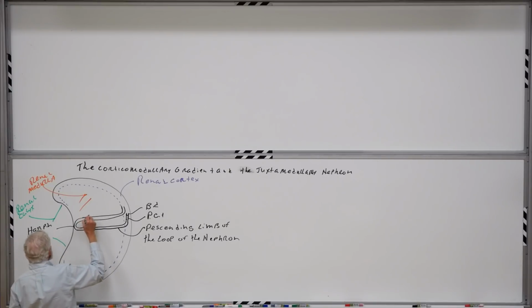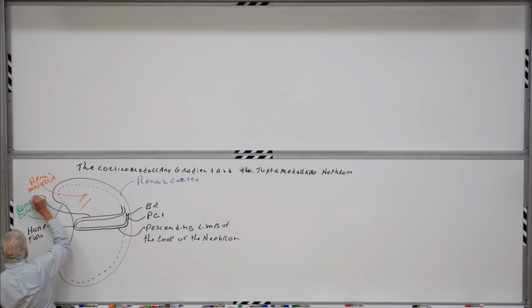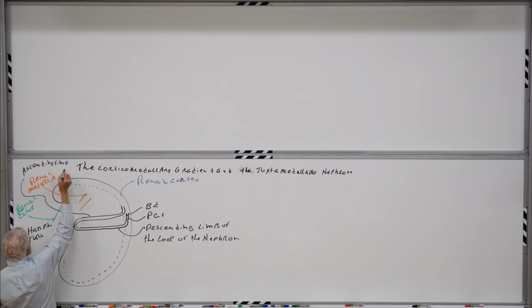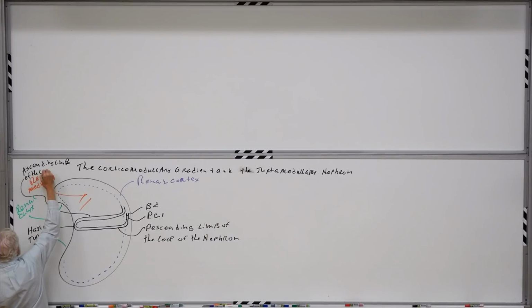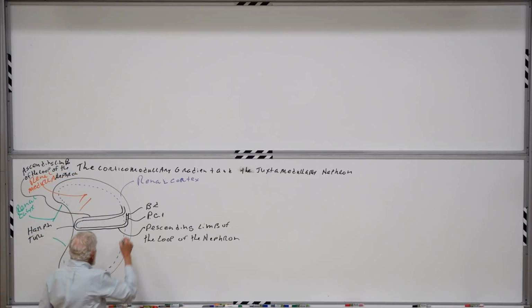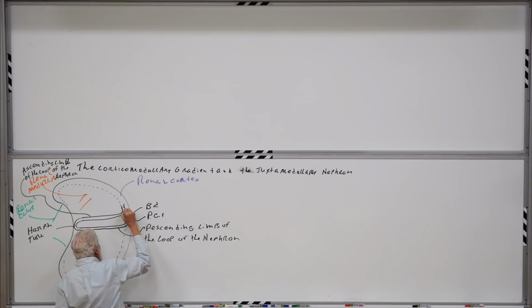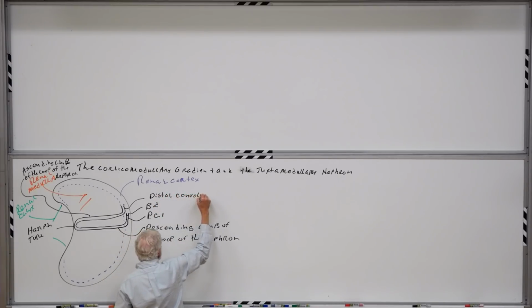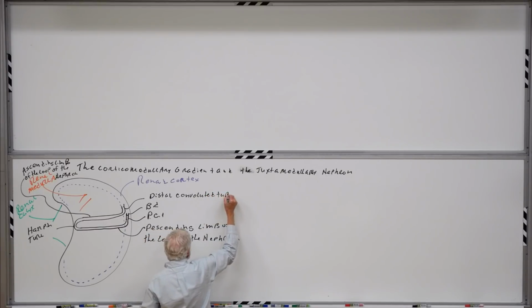This region here is known as the ascending limb of the loop of the nephron. And then we're out here, back in the cortex, in the region called the distal convoluted tubule.